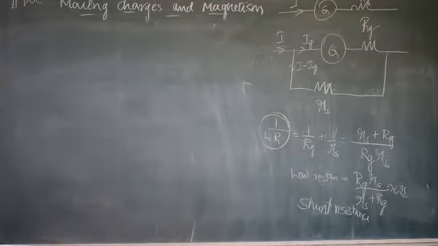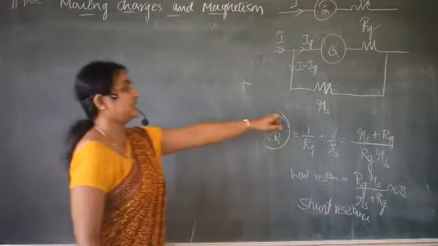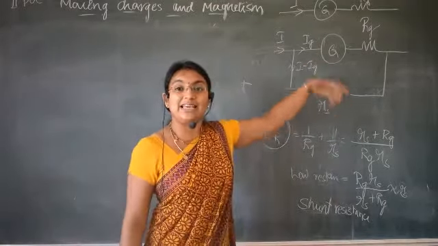Now look here. Potential difference across the galvanometer is equal to potential difference across the shunt resistance, because in parallel V is the same.